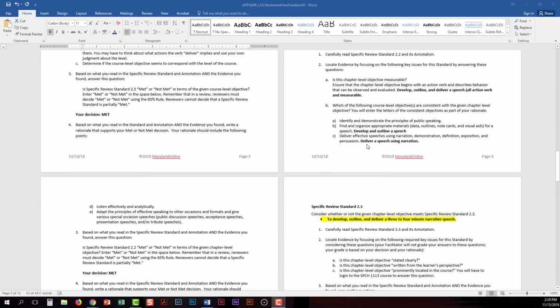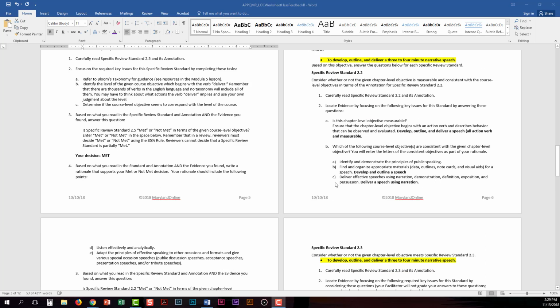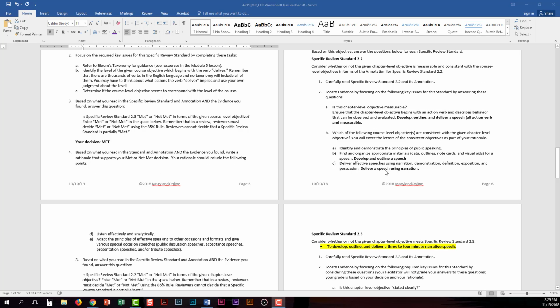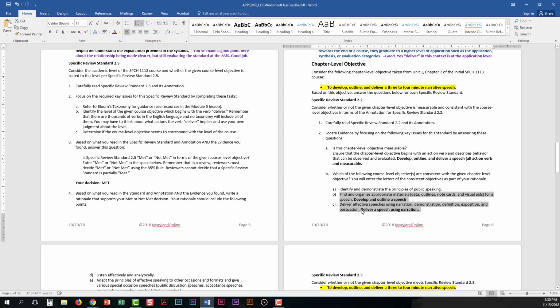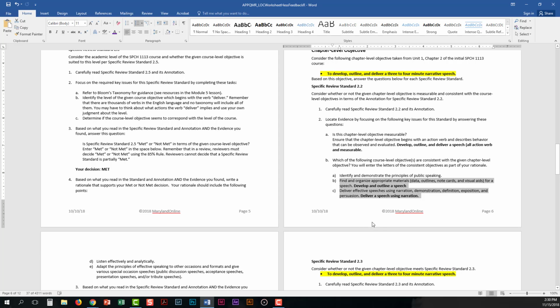So if I scroll up here, these are the chapter level objectives. You've initially indicated that the chapter level objective to develop, outline, and deliver a 3 to 4 minute speech is consistent with these two course objectives. And in my feedback, I was telling you that there is one more that it is consistent with.